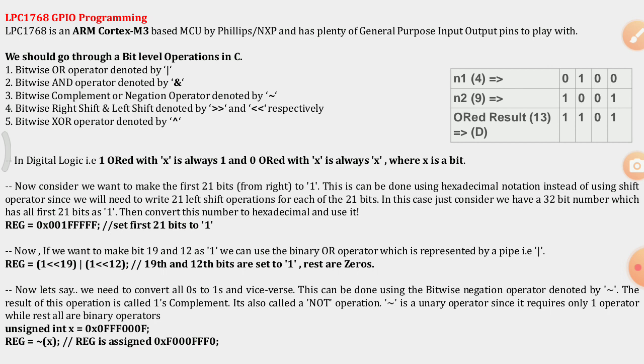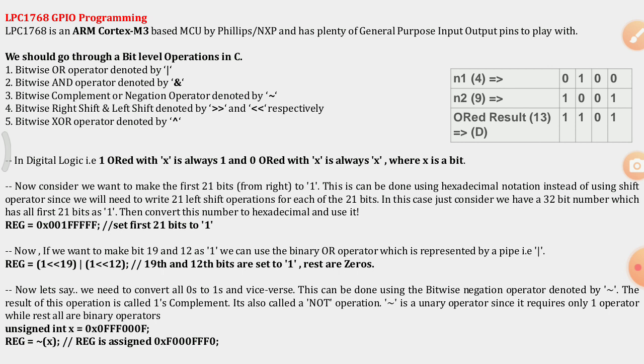For that operation we use the bitwise left shift operator. In the example below, register is equal to, in the bracket, 1 left shifted 19 times. It means that the 19th bit of this register is going to be 1, only the 19th bit.